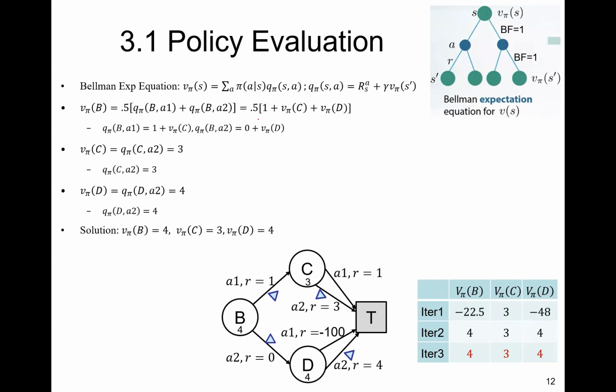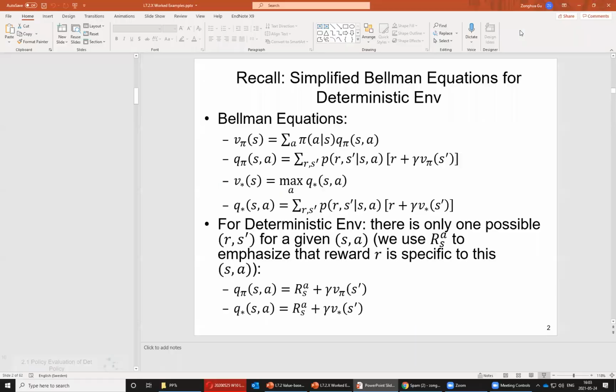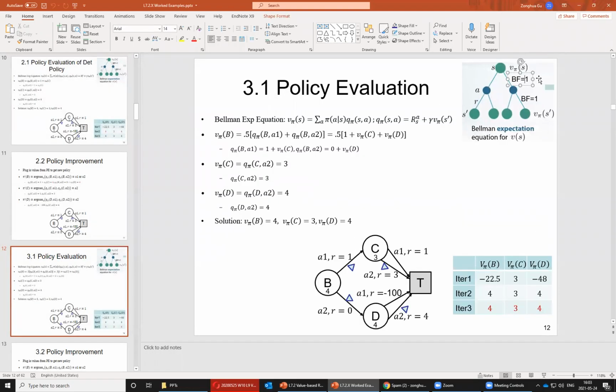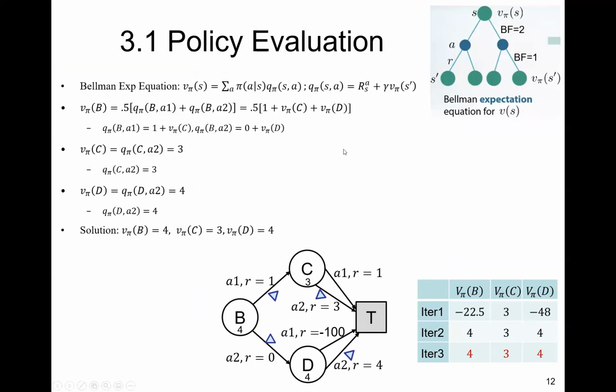In fact, you can take either one. It doesn't really make any difference. So I think there should be a branching factor of 2 in here, because the policy is actually not deterministic: you have 2 equally good choices from state B.